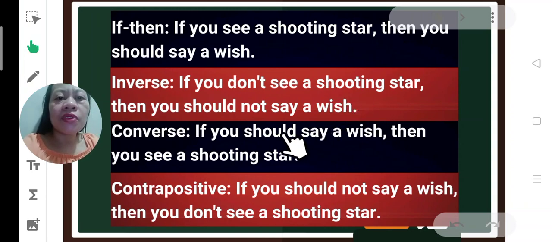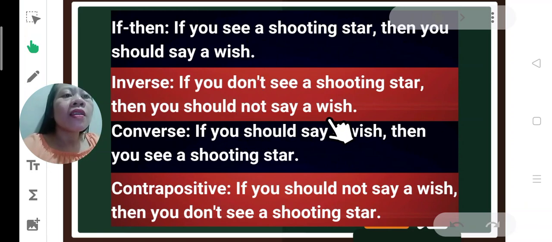Then for the converse form, just switch the hypothesis and conclusion. So our hypothesis becomes you should say a wish, and our conclusion becomes you see a shooting star.